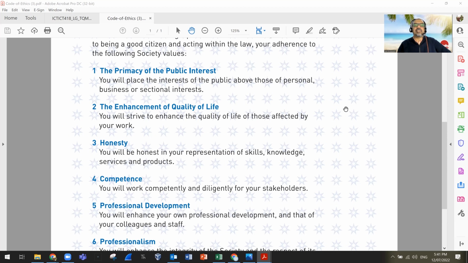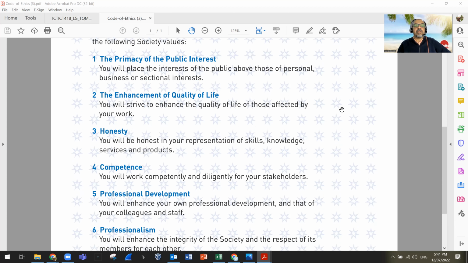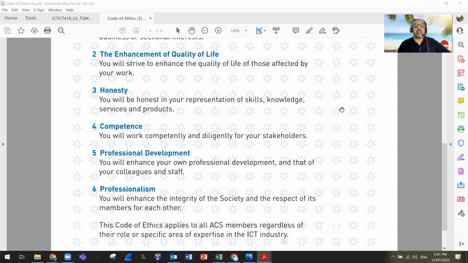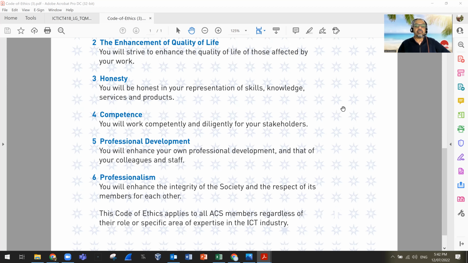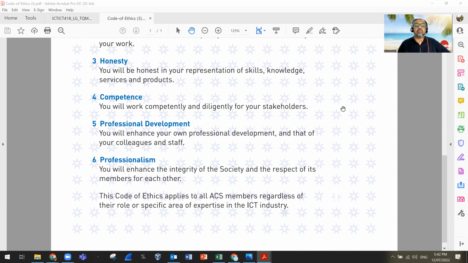Very interesting point and important, of course, to become number one. Number two, the enhancement of quality of life. You will strive to enhance the quality of life of those affected by your work. Number three, honesty. You will be honest in your representation of skills, knowledge, services, and products. Number four, competence.